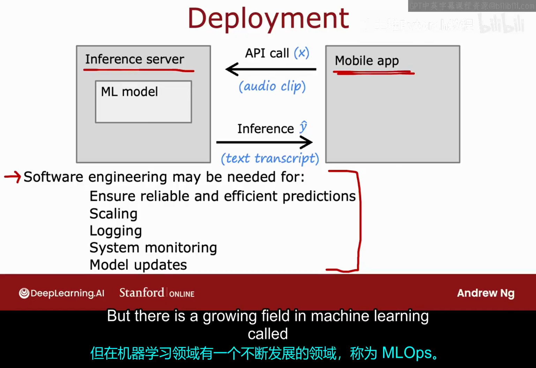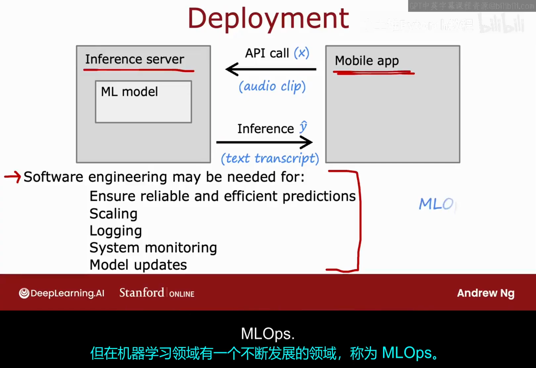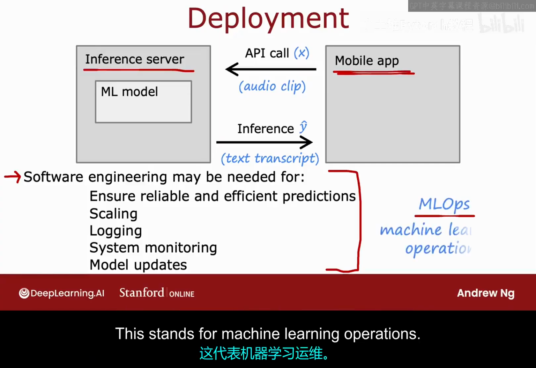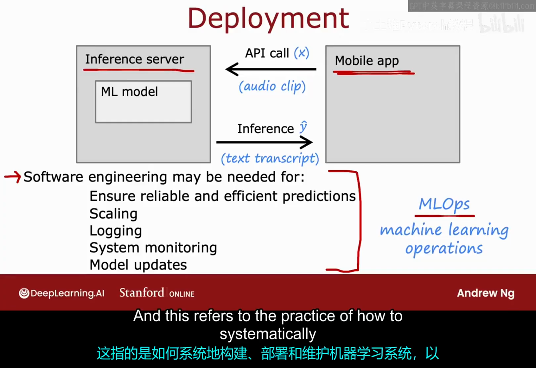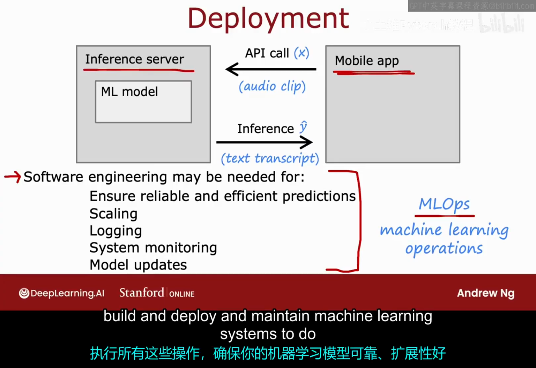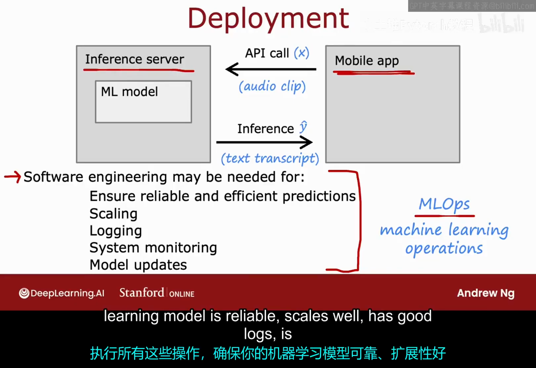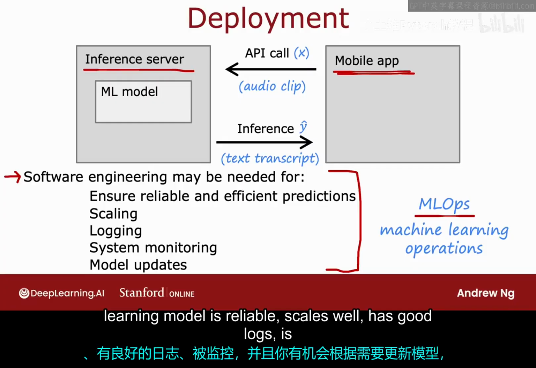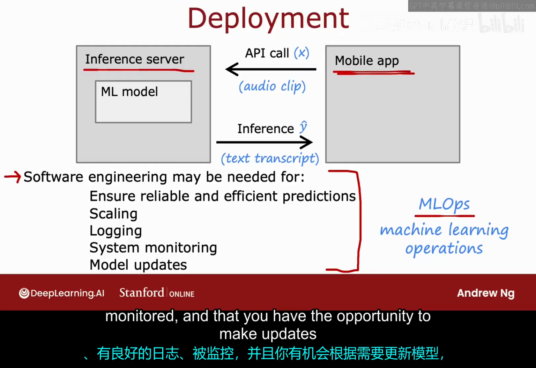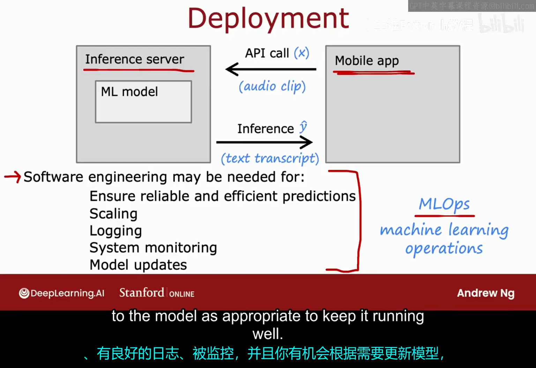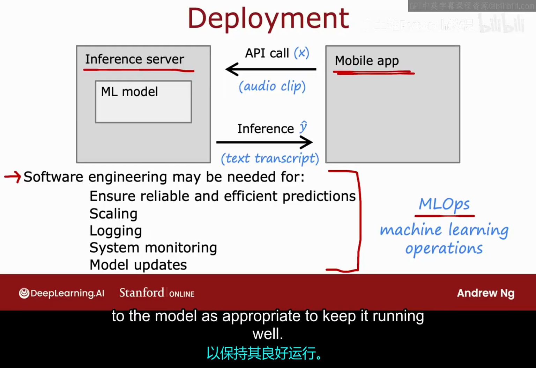But there is a growing field in machine learning called MLOps. This stands for machine learning operations. And this refers to the practice of how to systematically build and deploy and maintain machine learning systems, to do all of these things to make sure that your machine learning model is reliable, scales well, has good logs, is monitored, and that you have the opportunity to make updates to the model as appropriate to keep it running well.